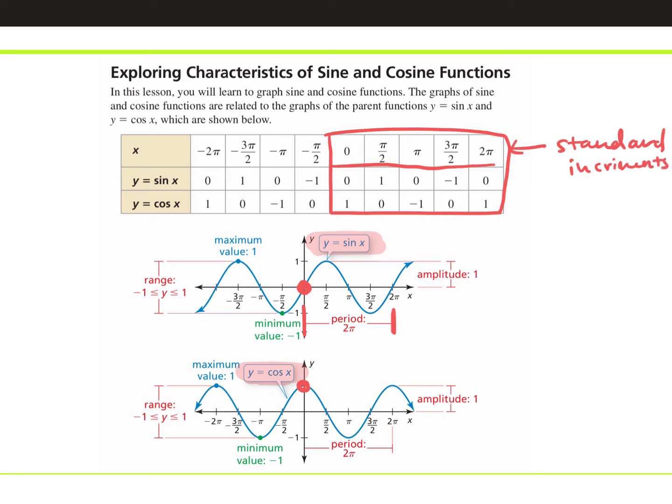Sometimes our increments will change, which again, we'll get to that in a couple slides. And then another vocab word we want to focus on is our amplitude. So our amplitude goes from 0 to 1 in our basic graph, but sometimes when we have transformations, that'll change.